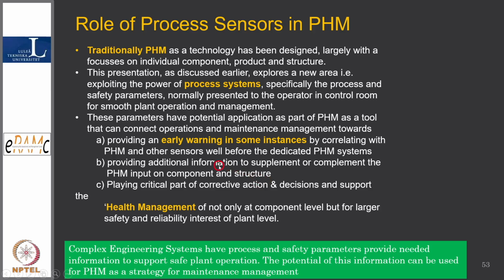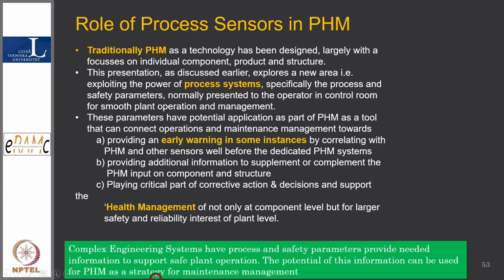Either it gives some information before, or some additional information later on to the main PHM system, or plays a critical part in corrective action and decision management. In fact, information is required even in the decision-making phase. So these sensors can play a lot of roles in health management, not only at component level, but for the larger safety and reliability interest of the plant.